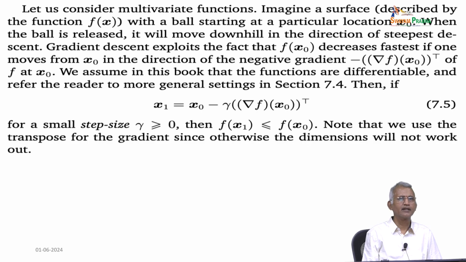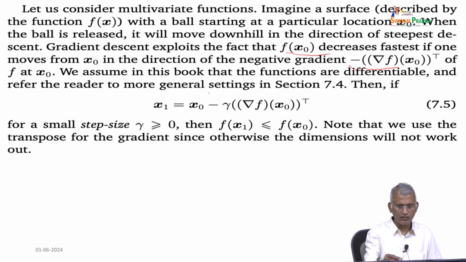Gradient descent exploits the fact that f of x naught decreases fastest if one moves from x naught in the direction of the negative gradient, that is, minus del f of x naught. We assume in this talk that the functions are differentiable, and one may refer to the more general setting in the following section.